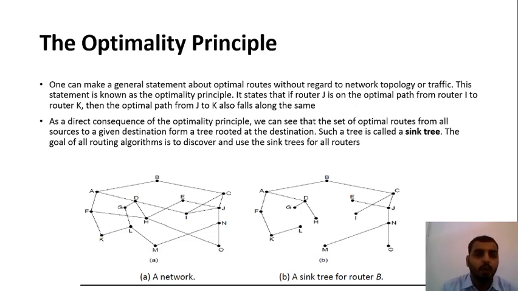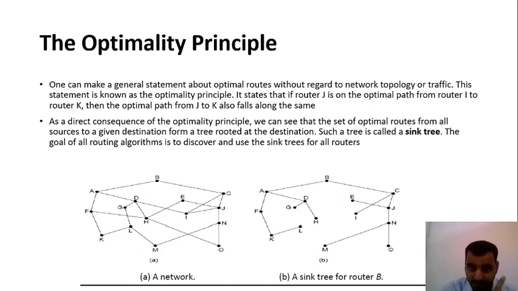Now, one can make a general statement about optimal routes without regard to network topology. As I said, network topology means how the network of routers or computers has been connected to create an internetwork or a network of communication. This statement is known as the optimality principle.